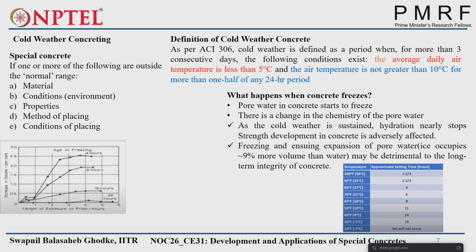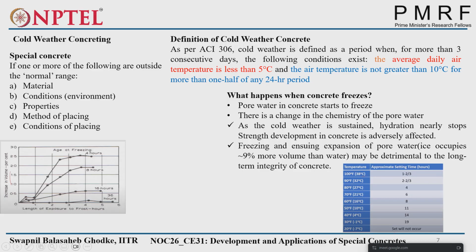Okay. So you saw this table. At 38 degrees Celsius the approximate setting time is around 1 to 2/3 hours. At 32 degrees Celsius, it is 2 to 2/3 hours. At 27 degrees Celsius, 4 hours. It means as temperature goes down, setting time goes on increasing.